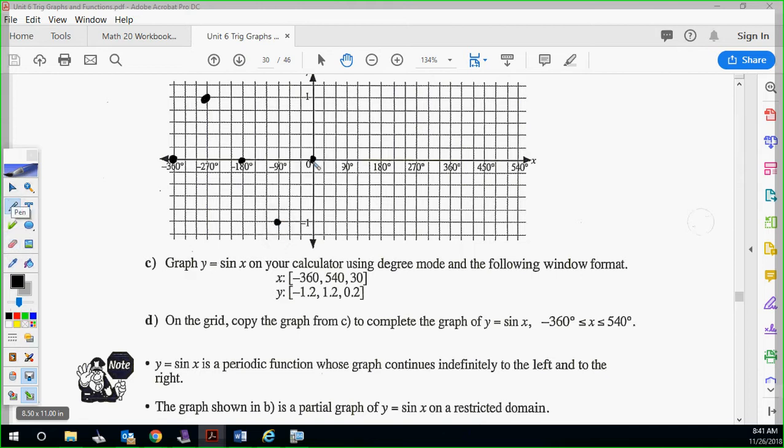There. Okay, so your curve. Okay, so roughly what your curve looks like.